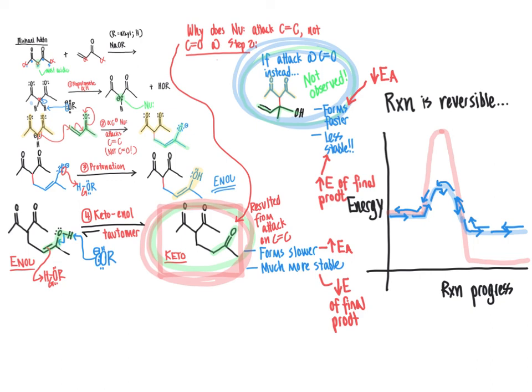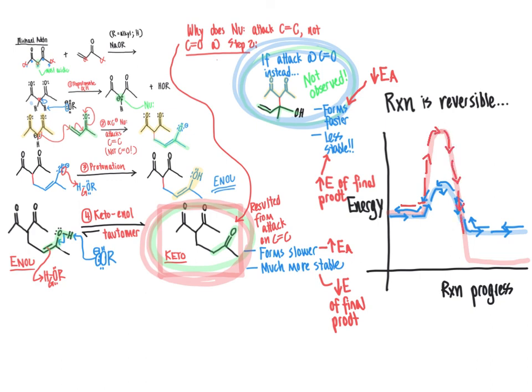And occasionally, once the reaction has reversed, every so often a molecule will have ample energy to climb over the activation energy curve to take that lower energy pathway, like so.